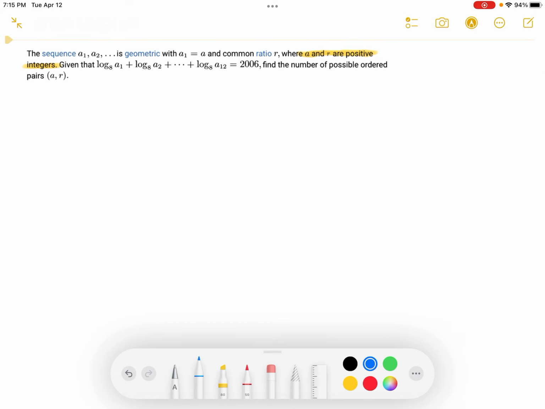Firstly, we can use some log rules to simplify the expression. We know that log a plus log b is equal to log ab, so we can use that here.